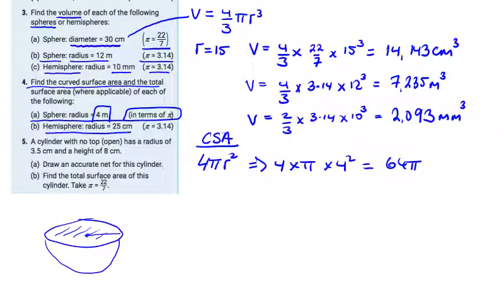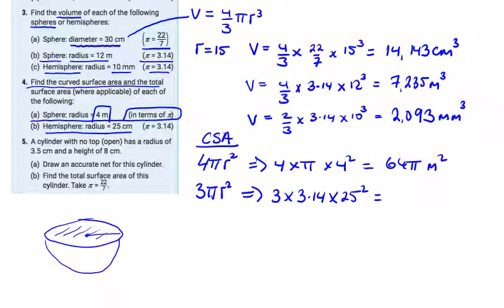The hemisphere, radius 25, so the hemisphere is 3 pi r squared. So therefore we're going to get 3 by 3.14 by the radius squared, which is 25 squared. And we better put the units in because this now looks bigger than the first one, but the first one you can see is meters. So we have meters squared here.